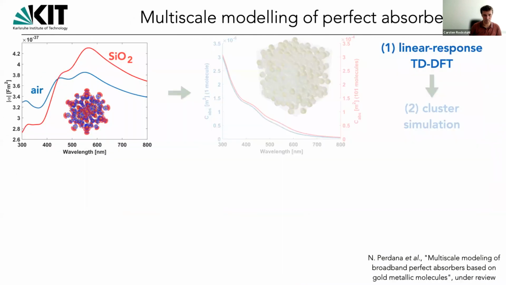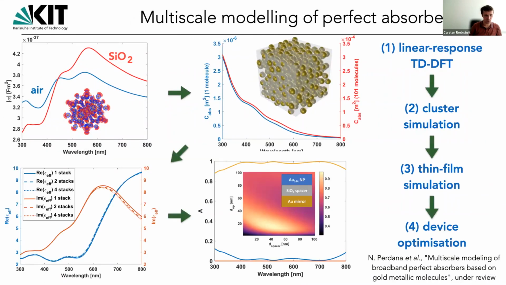This is a perfect absorber that we studied, made out of individual gold clusters, where we started with a quantum chemical description of the individual gold cluster, then studied the response of a larger number of these gold clusters that form an ensemble.